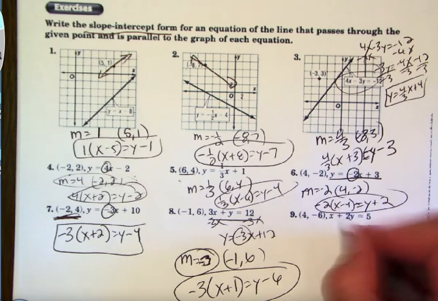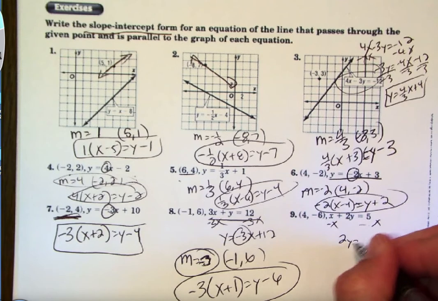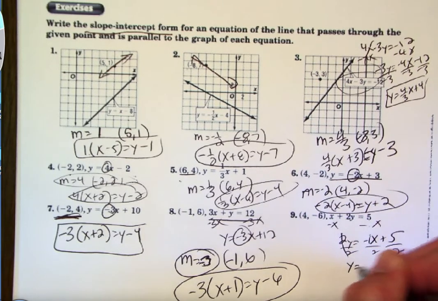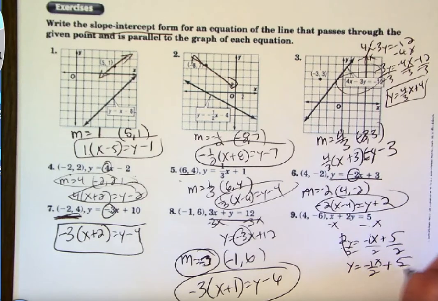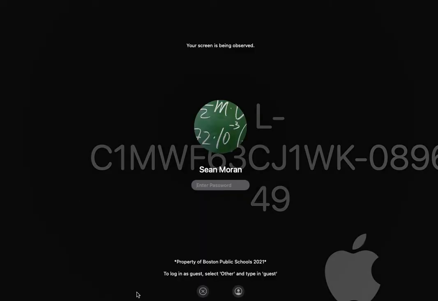Last one, it's not in y equals clearly, so we have to get it there. This one's trickier, but our slope is -1/2. And now we can write the equation.